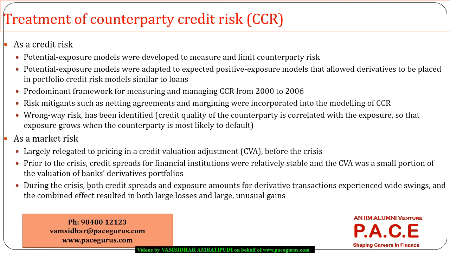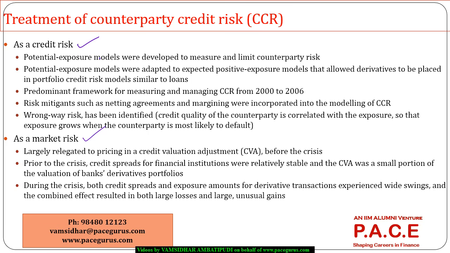Then, the treatment of counterparty credit risk. So we know counterparty credit risk means the risk that is coming because of the possibility of the default of the counterparty, right? So obviously it can be treated as a credit risk. But in some cases there is a treatment as a market risk as well. So by default, you can treat it as a credit risk.